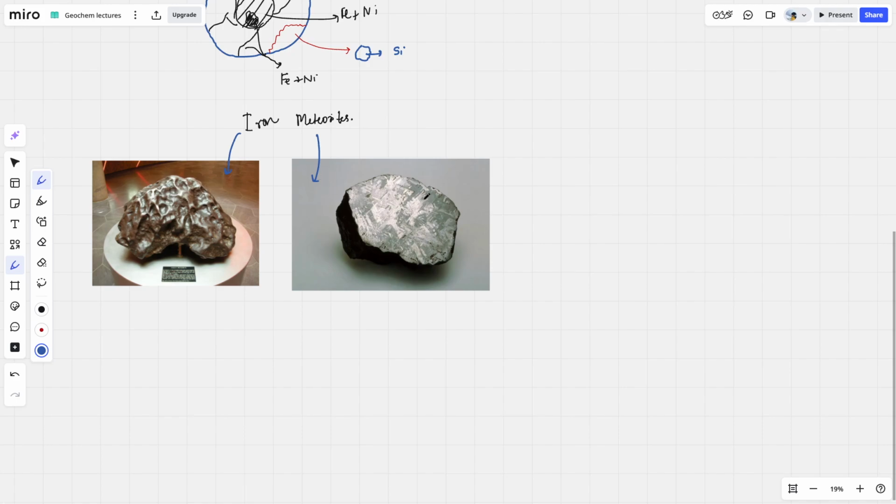Okay, and this type of texture, which is cross hatch texture, you can see here, cross hatch type of texture, right? This is called Widmanstatten texture.